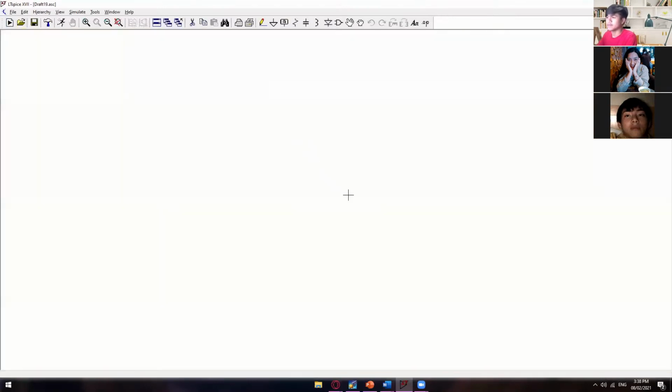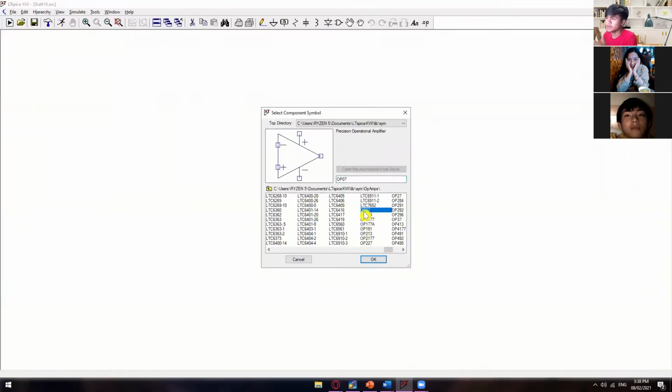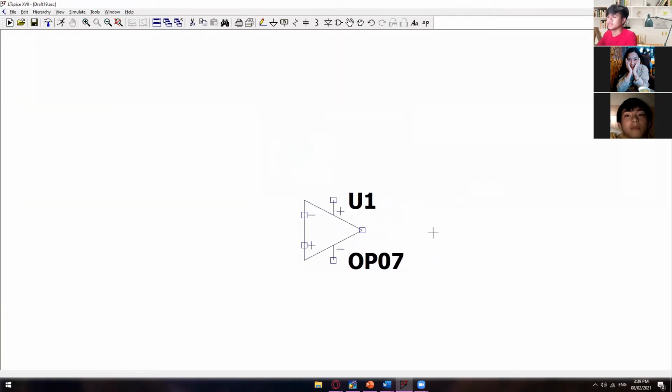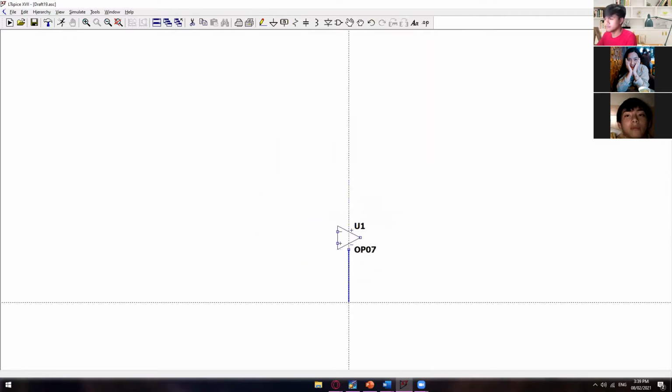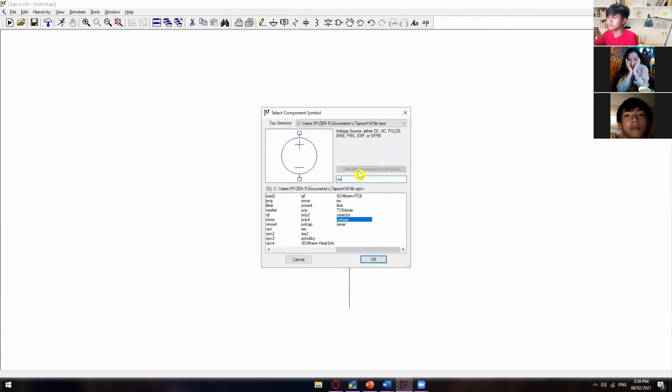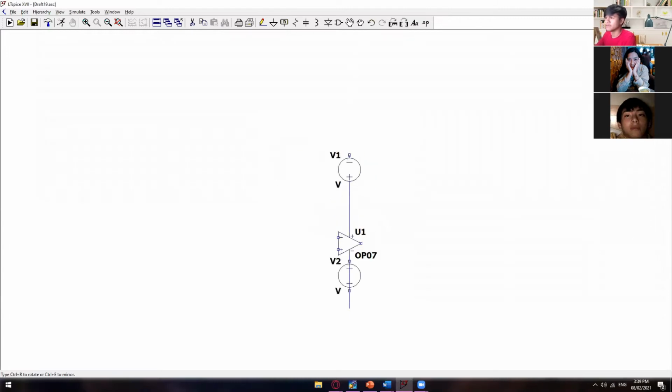New schematic. Again, of course, we're going to use the OP07, the precision operational amplifier. Then of course we need rail voltages. This will be our peak to peak power supply, so we need voltage, of course.